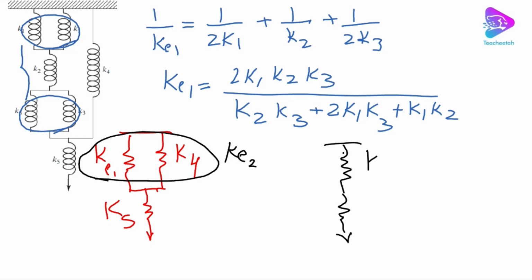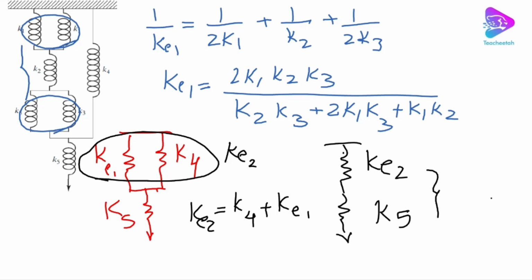We have KE2 and K5. So what is KE2? Very simple, right? KE2 is K4 plus KE1, because they are connected in parallel. So after that, we have 2 springs in series, right?